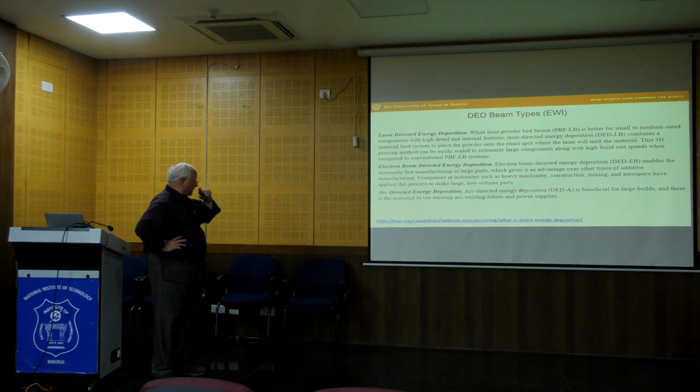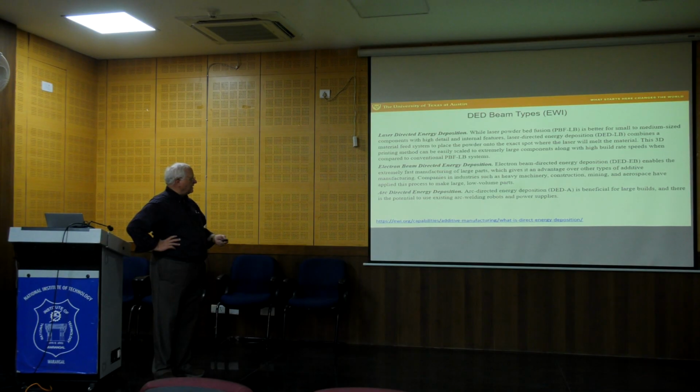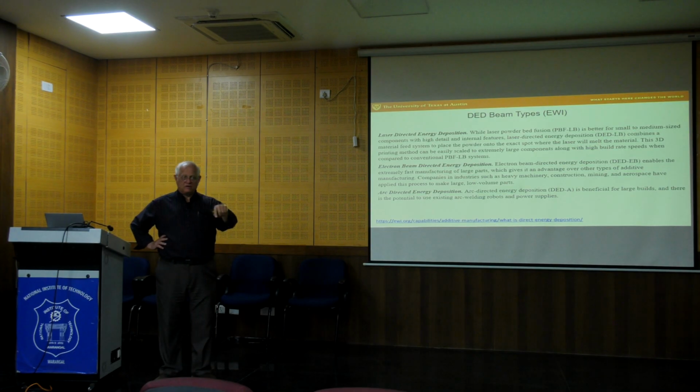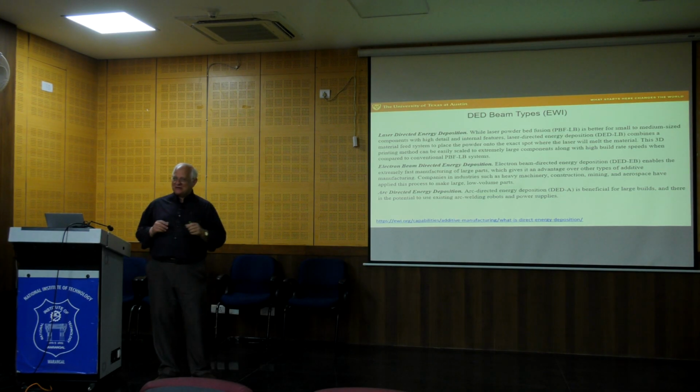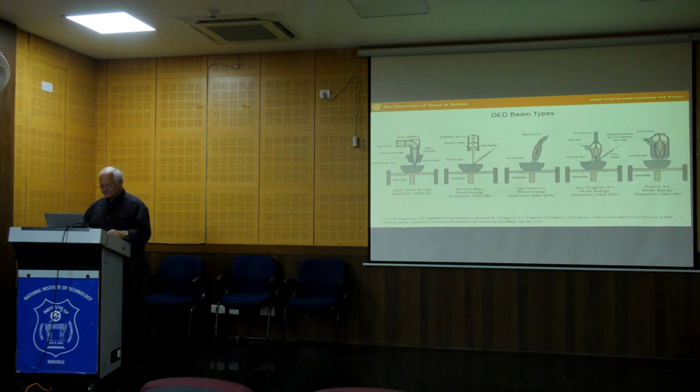Again, you can read a little bit about it, but that's the second source. And then the third one is the arc directed energy deposition, DED-A, which again uses basically a weld head of some sort to move and deposit material. Again, it's the classic Baker patent from 100 years ago that is the third of the technologies.